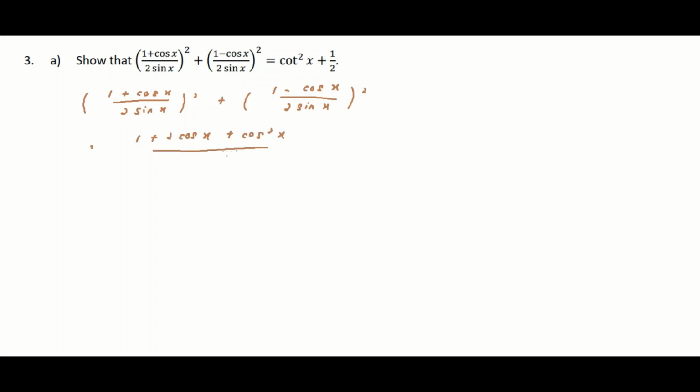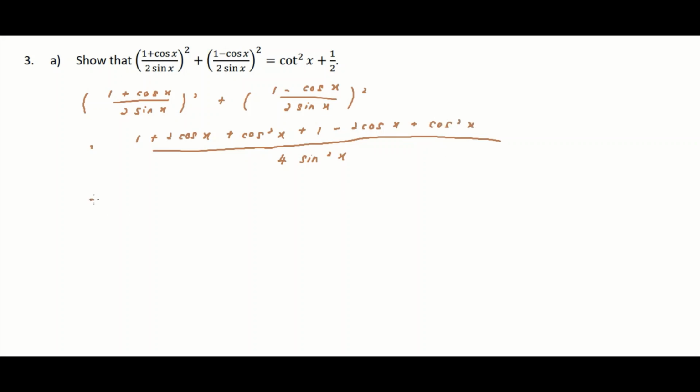Since you have the same denominator, we can straight away combine them, which gives 4 sine square x, because you square it. On this side you have plus 1 minus 2 cos x plus cos square x.